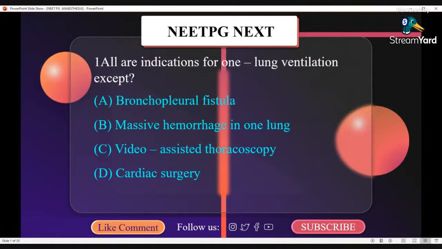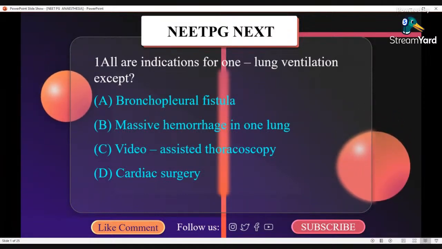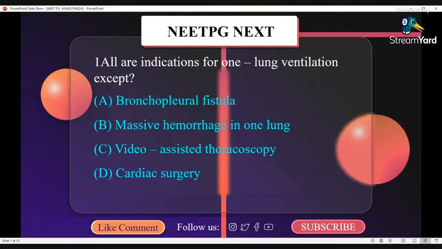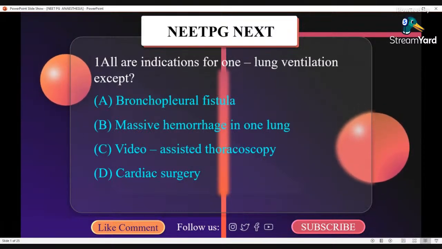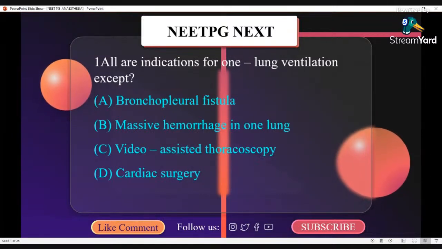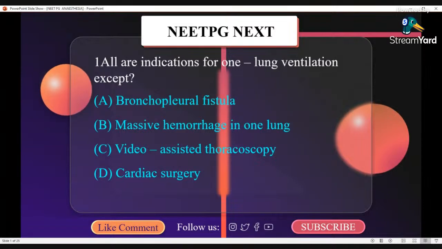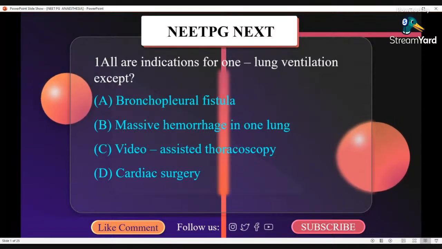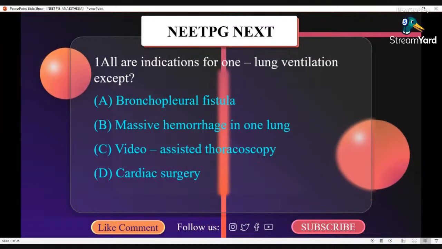Lung isolation may be accomplished by a number of methods. What are the different methods? Double lumen endotracheal tube placement, placement of a bronchial blocker through a single lumen endotracheal tube, and single lumen endobronchial tube. These are the three general categories for classification.